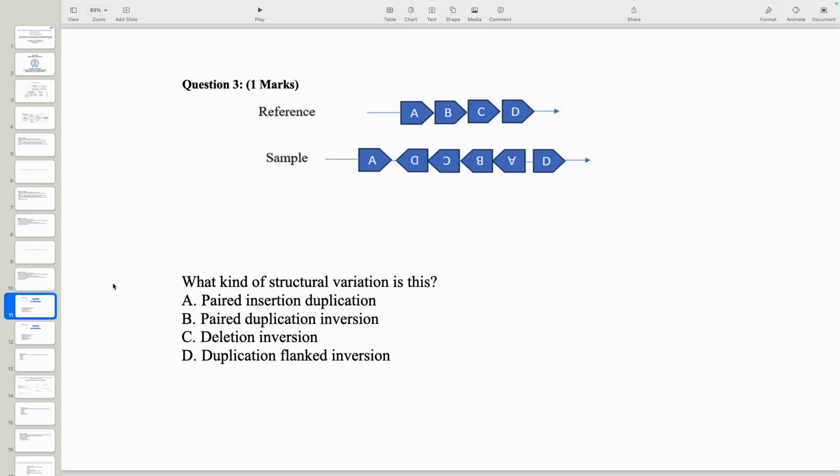For this question, option B is correct. So here we can see the combination of two SVs.